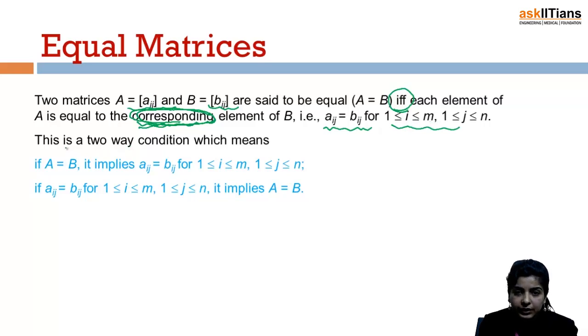So this is a two-way condition. The mathematical definition says if A equals B, then that would imply aij = bij for every i and j, and if aij = bij for every i and j, then we would have A equal to B.